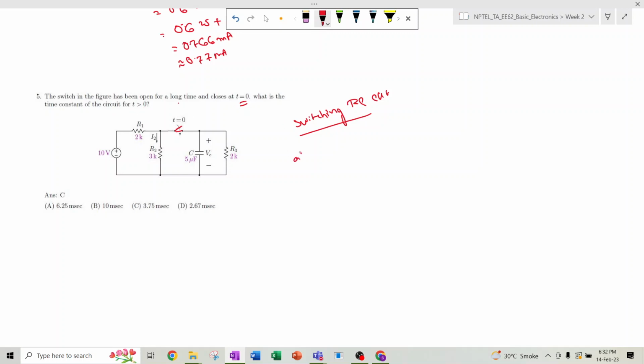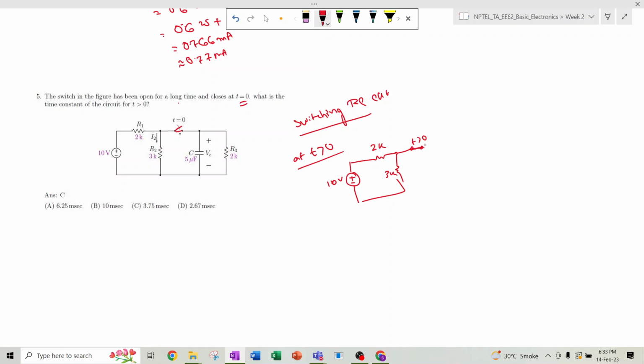So at time t greater than 0, the switch becomes short. So the equivalent circuit becomes plus minus, this is the 10 volt. Here we have 2k, here we have 3k, and at time t greater than 0 it is connected, that is closed.